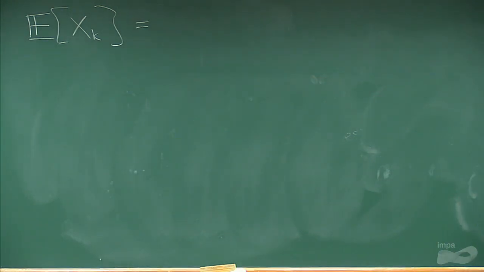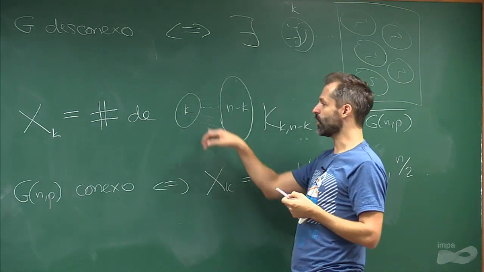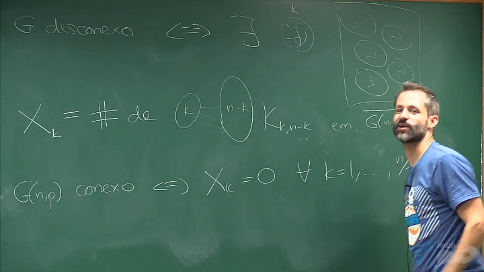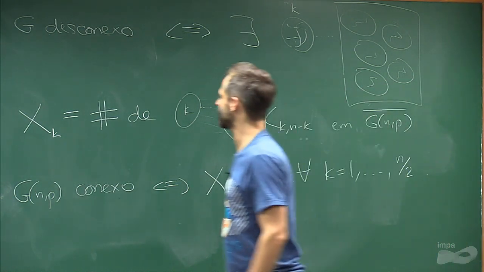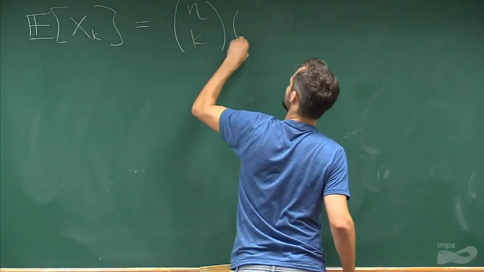So here it was connected, but here we're just ignoring this completely. So the only thing we're counting is these complete bipartite graphs in the complement. You don't need to worry about the edges inside here. So this is just a k-set, which is why I'm going to make it equals n choose k times (1 minus p) to the k times (n minus k). Exactly.